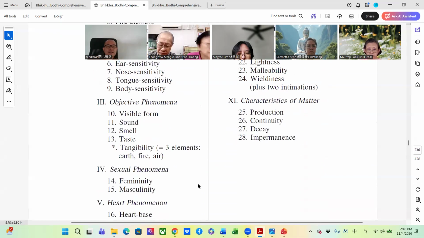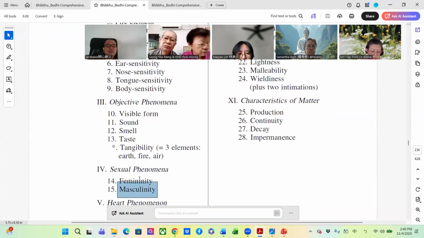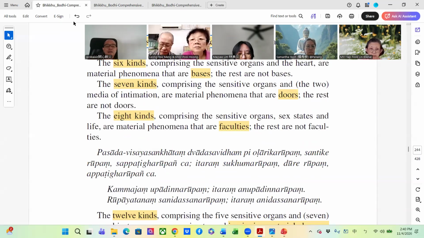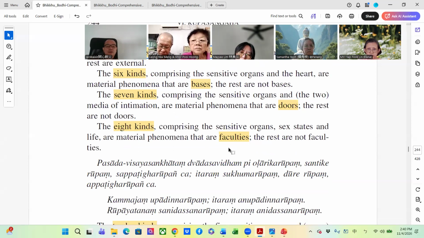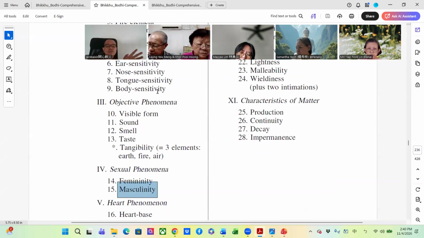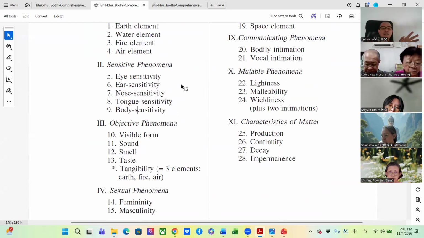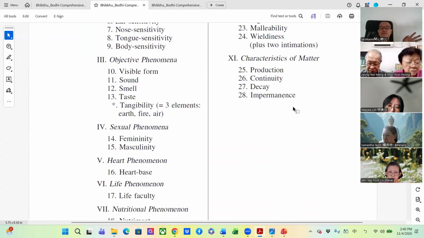Class, these are the sex states, they are faculty. And then the last two medium faculty. So totally this will be 8: 6, 7, 8. Besides these, the rest are not faculty.